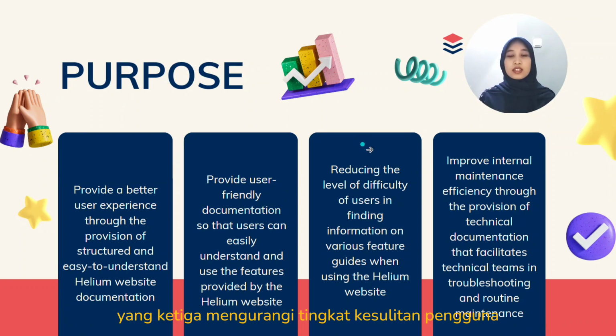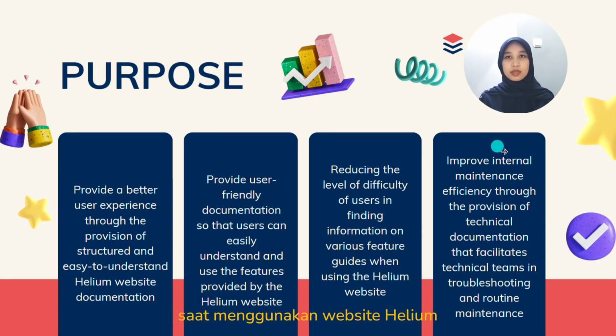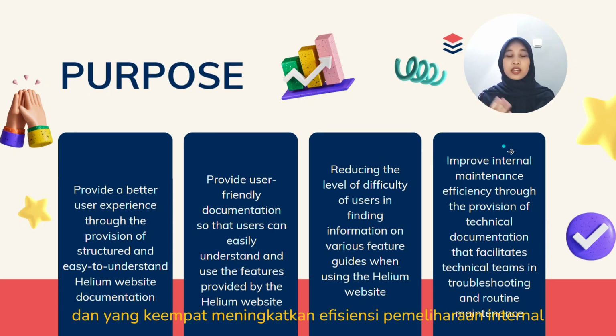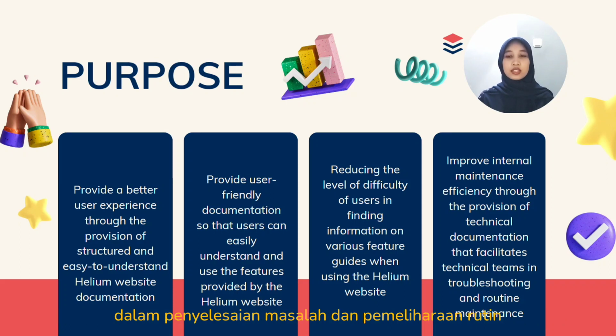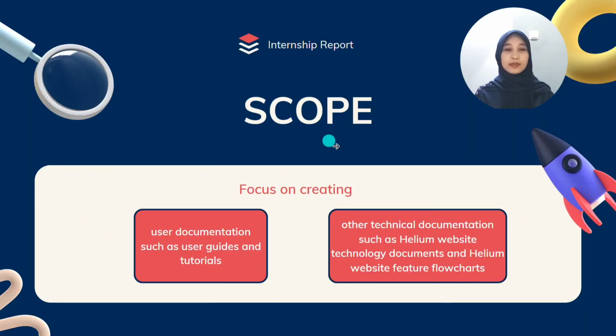The third is reducing the level of difficulty for users in finding information on various feature guides when using the Helium website. And the fourth is to improve internal maintenance efficiency through technical documentation that facilitates the technical team in troubleshooting and routine maintenance.